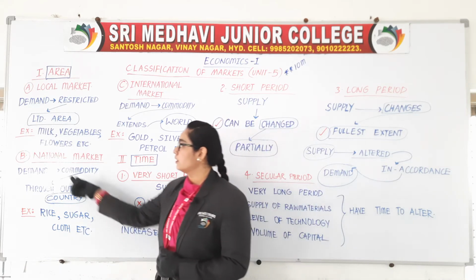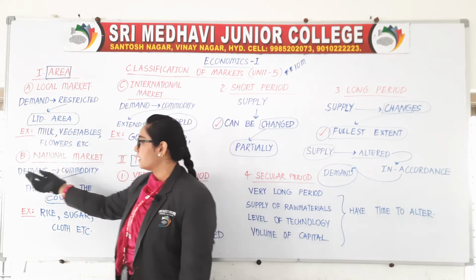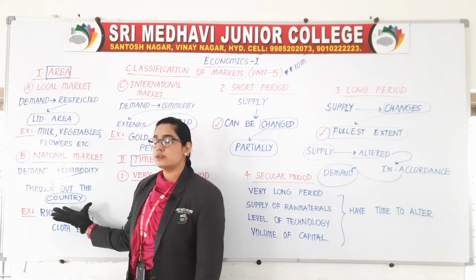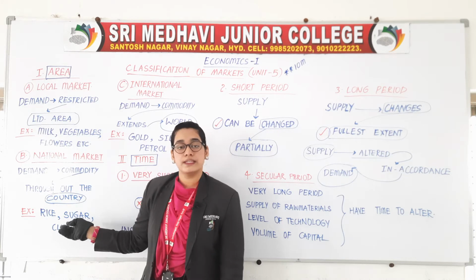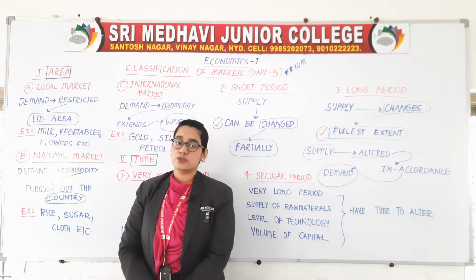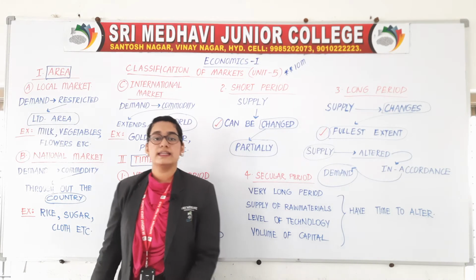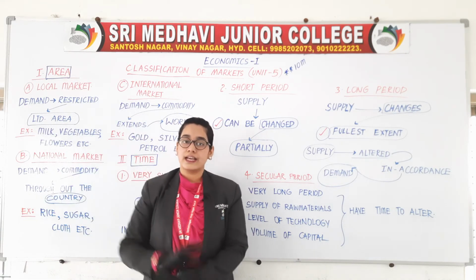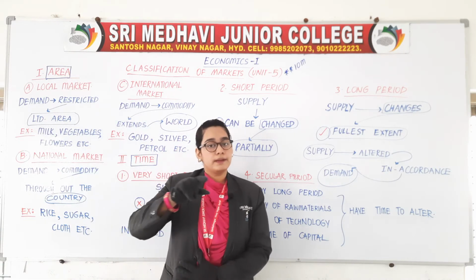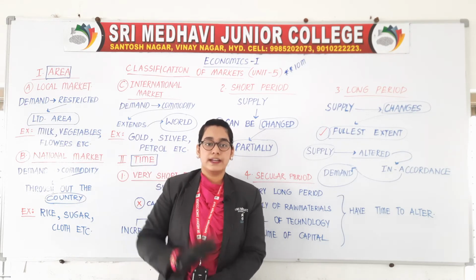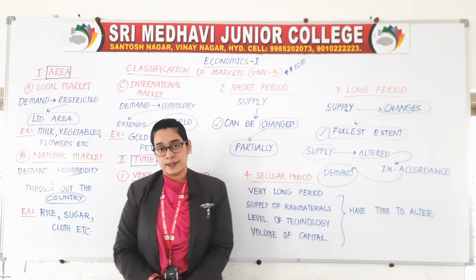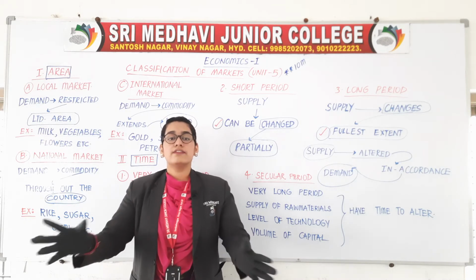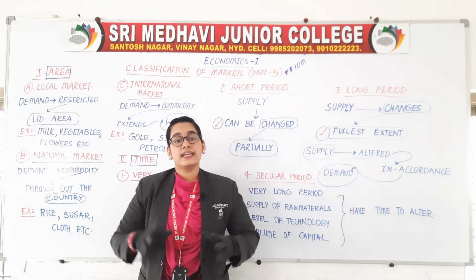Next, coming to national market. Demand for a commodity is spread throughout the country. That means whatever commodities you are buying, you can buy the same product from all over India. Might be you have seen the India map, right? There are 29 states. So this market is spread throughout our country, throughout India.